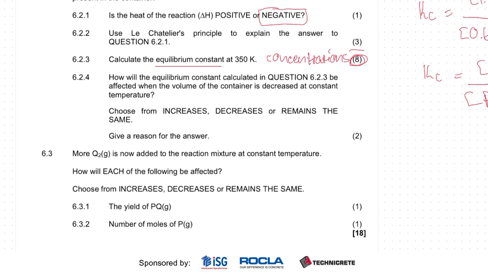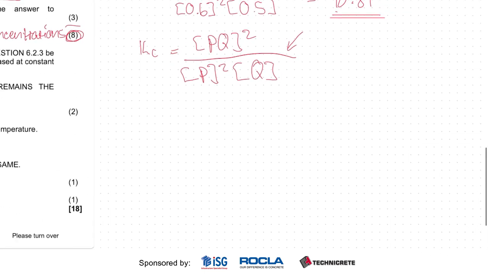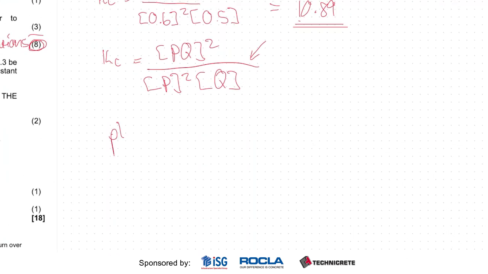If volume decreases, and it's at constant temperature, so we don't have to think about temperature, because usually a decrease in volume is associated with an increase in pressure and an increase in temperature. And you can see that from the gas equation. Not sure if you've been taught this, but definitely if volume decreases, then pressure increases and temperature increases.